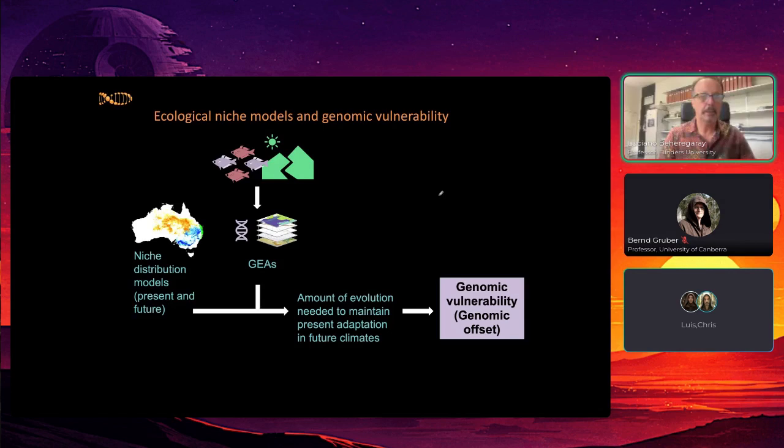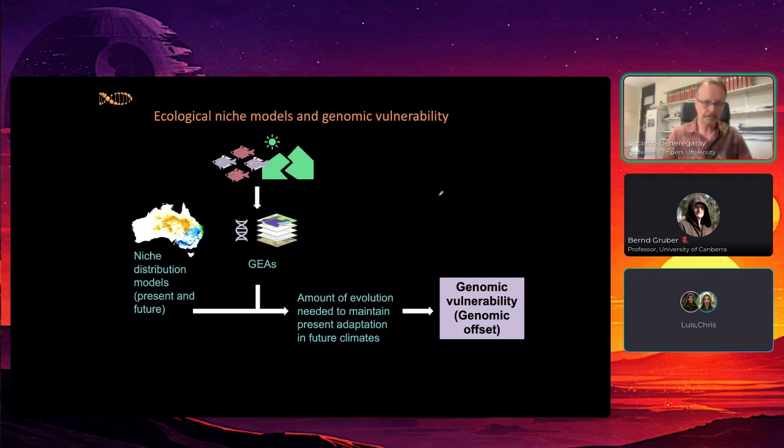It's also, of course, receiving quite a lot of criticism, but we can talk about this later during the Q&A. And this field is known as genomic offset or genomic vulnerability, and is usually done in the context of climate change, future climate.